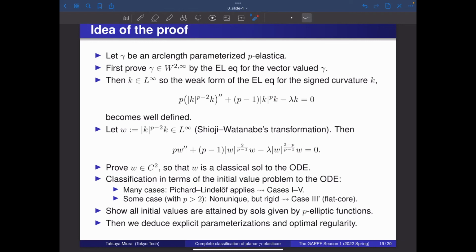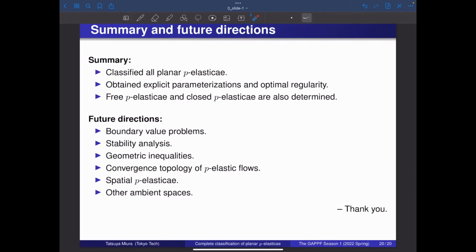Okay, so that's all of my talk, and this is a summary. In this talk, we have classified all planar p-elasticae and obtained explicit parameterization and optimal regularity. Also, as an application, we have classified free elasticae and also closed p-elasticae.